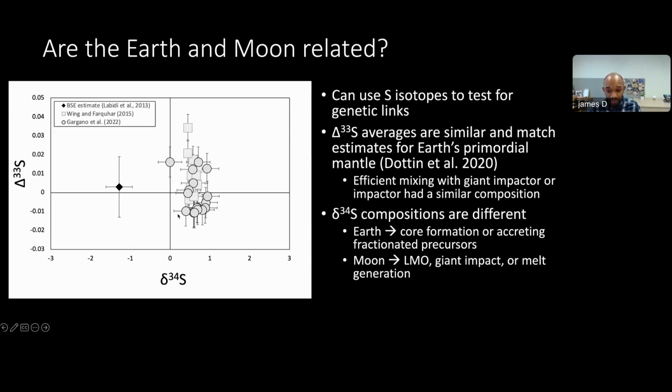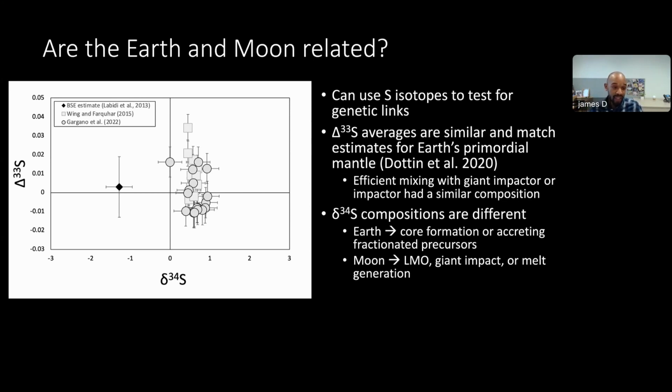And now it's important to make clear that although the delta 34S values are different, that's not an indication that there is not a genetic link between the two. For a genetic link, we specifically need to assess the cap delta 33S composition. This is because the delta 34S compositions of the Earth and the moon have been altered.